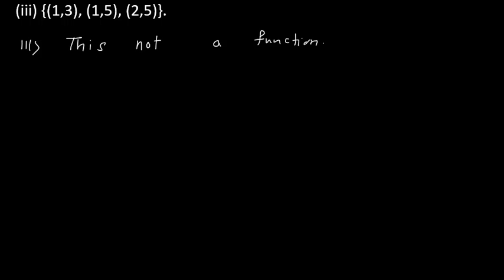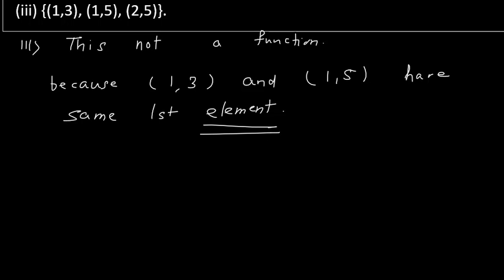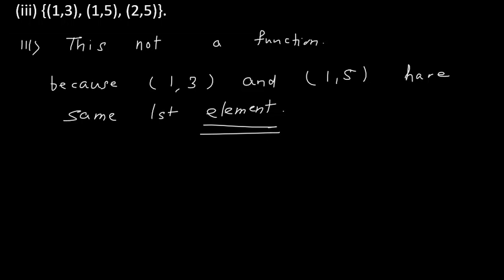Because here (1, 3) and (1, 5) have the same first element. The first element should be distinct, so this is not a function. As this is not a function, we do not have to define domain and range of this relation. This is a relation but not a function.